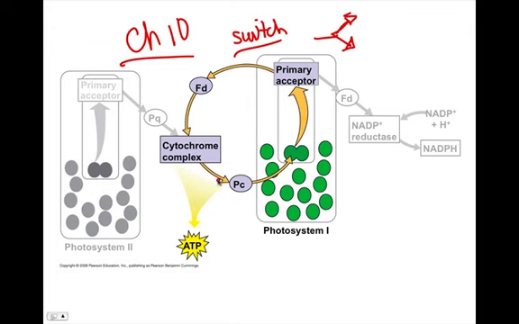Sometimes plants want to produce ATP, and they just don't want to produce NADPH. An example of that would be a new plant, a seedling that's just coming up, and it's growing, and it wants just a lot of ATP energy, not to make sugars. NADPH and ATP are going to be used in the Calvin cycle.